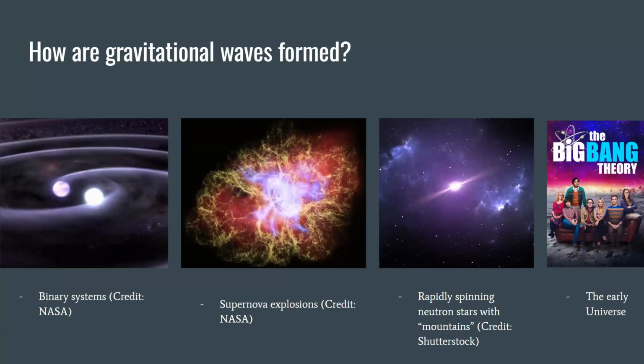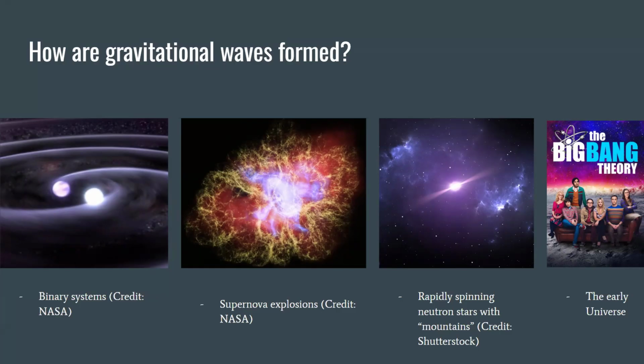Because they are not blocked by anything in the medium they go through, they are great sources of information from the environment where they were created. And some of those environments are, for example, binary systems of black holes or neutron stars because they are very dense.